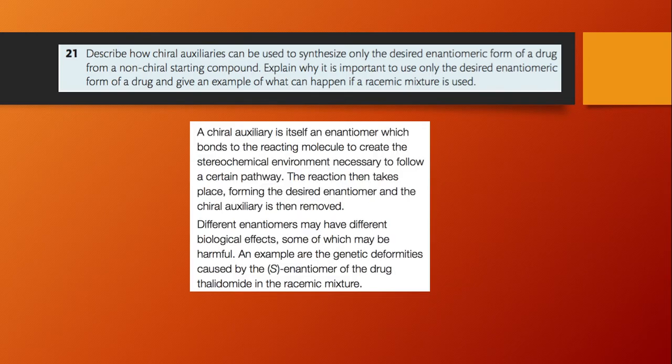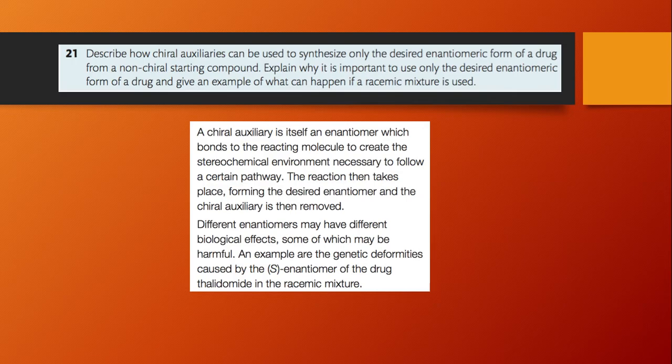So it is in itself an enantiomer which bonds to the reacting molecule to create a stereochemical environment necessary to follow a certain pathway. So you have two options, but you force it to go in one direction. The reaction then takes place, forming the desired enantiomer, and the chiral auxiliary is then removed.